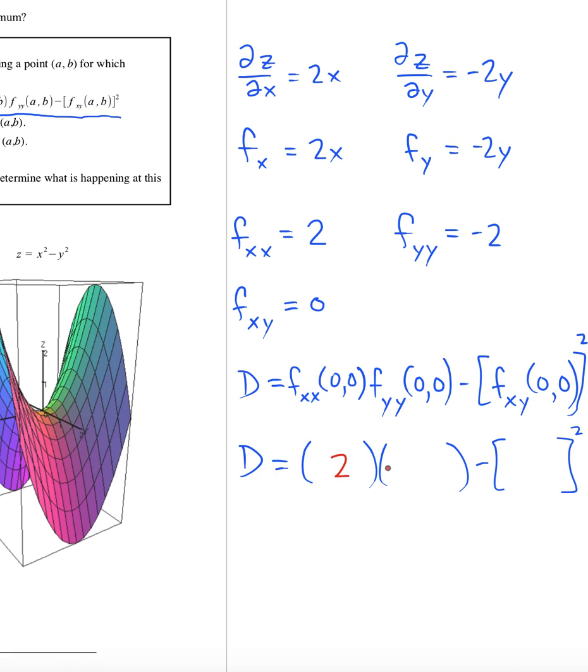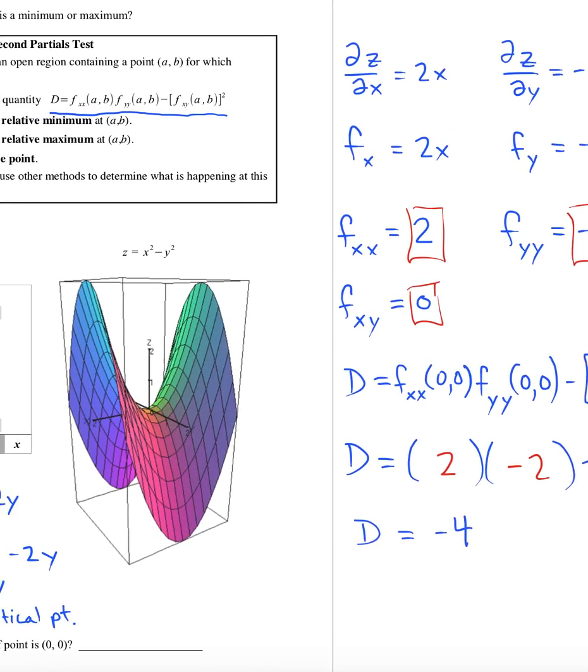So we'll put a 2 in here, and a negative 2 can go here. And then our fxy can go here. We get that d is negative 4.